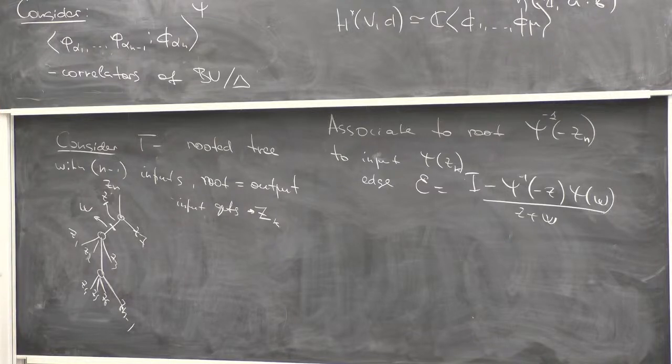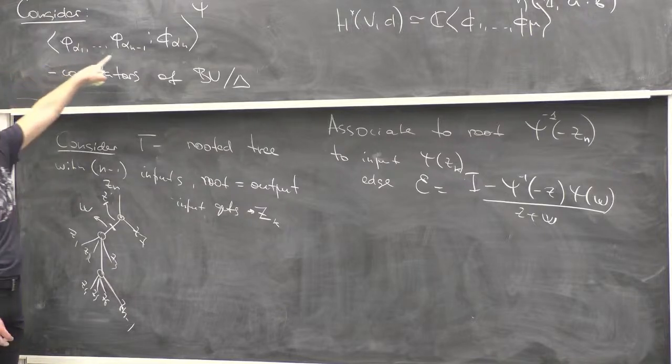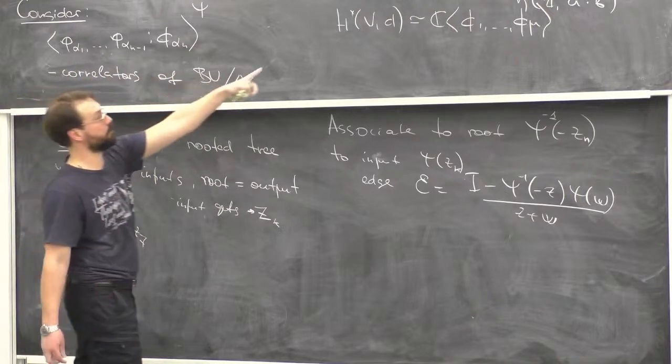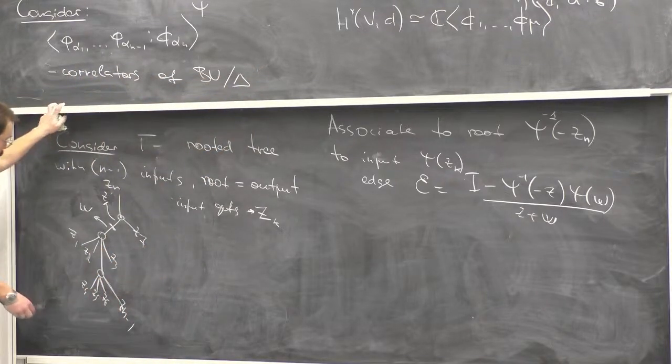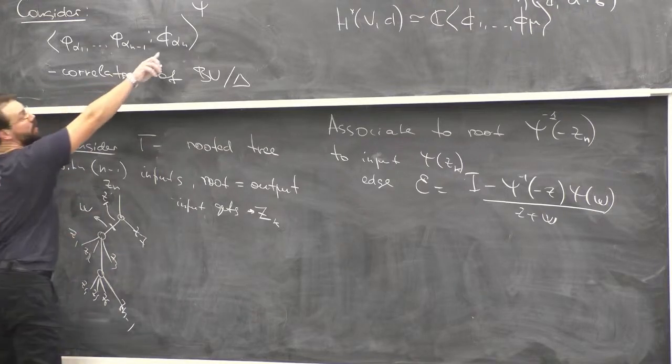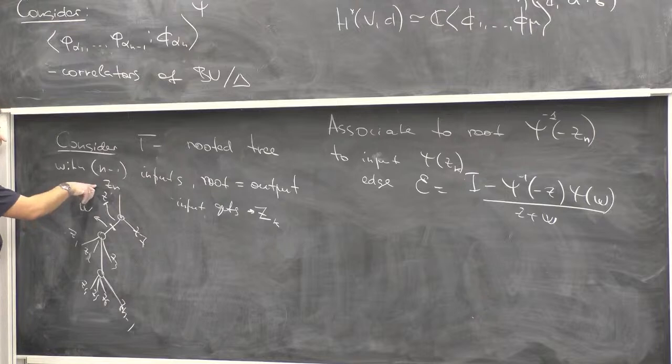Now to every such graph, I can feed these elements of the homology. I feed phi's to the inputs and the last phi, alpha n plus 1, to the output.